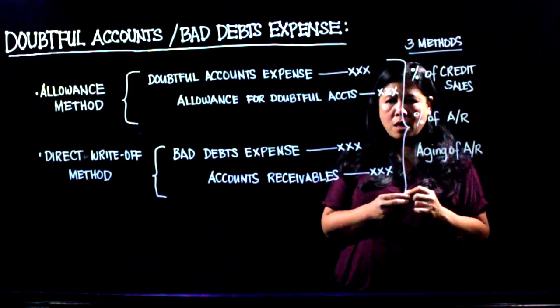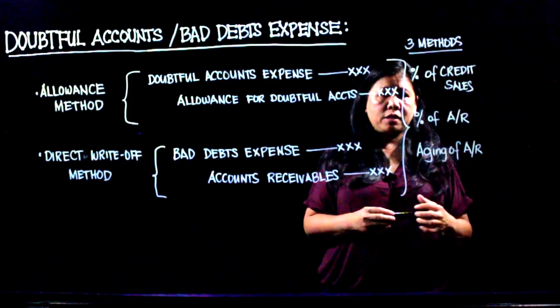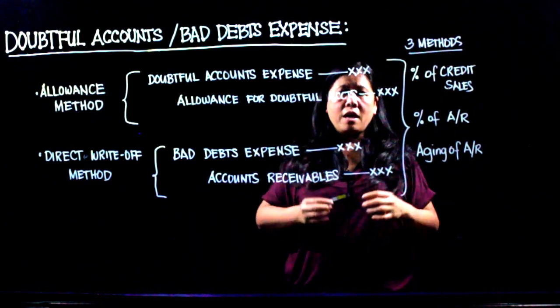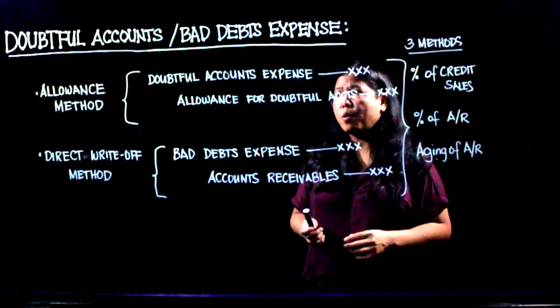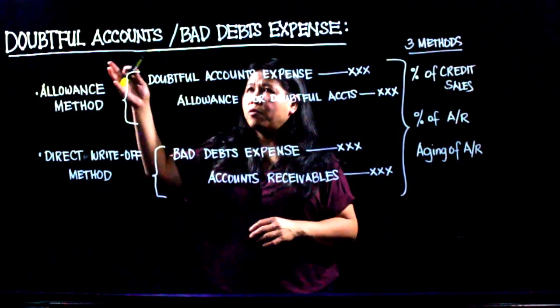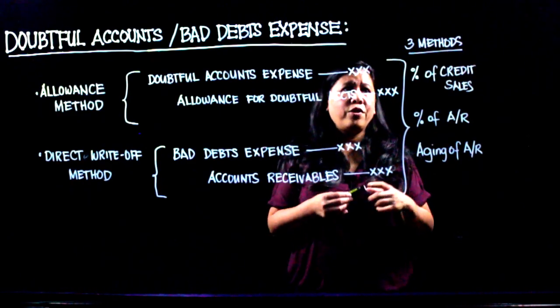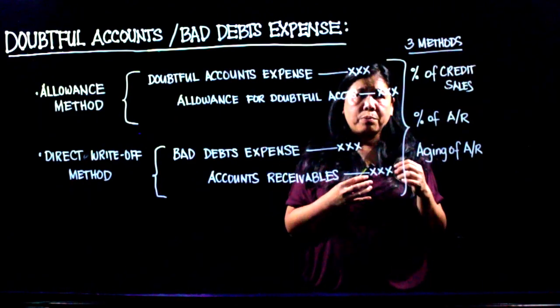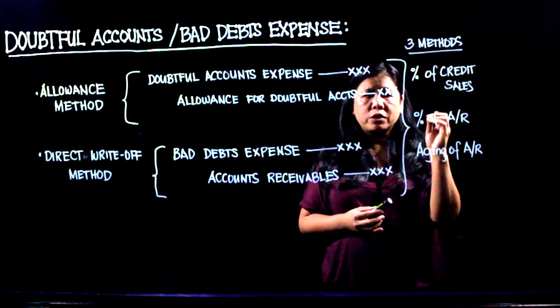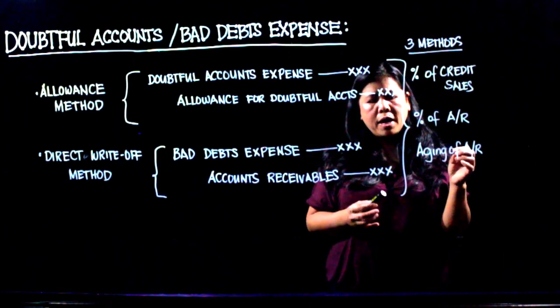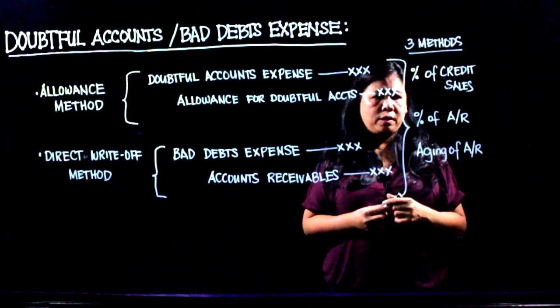All right, there are three methods in calculating the amount of our doubtful accounts or bad debts expense, and these methods are percentage of credit sales, percentage of accounts receivable, and aging of accounts receivable.